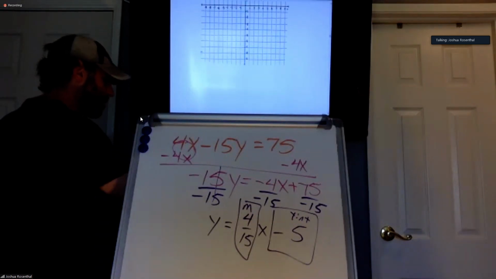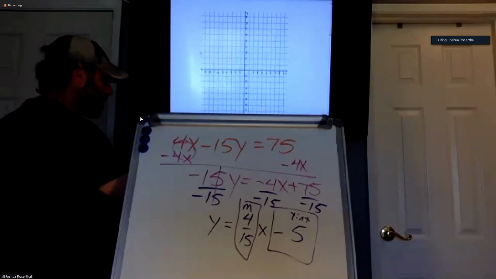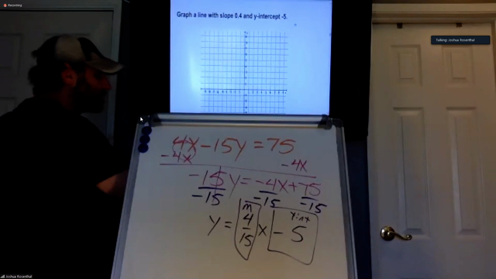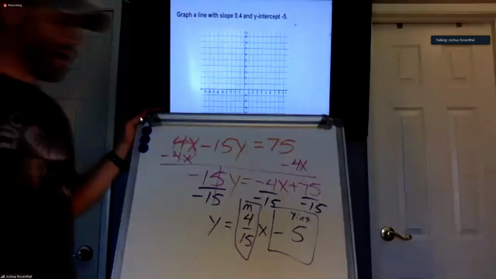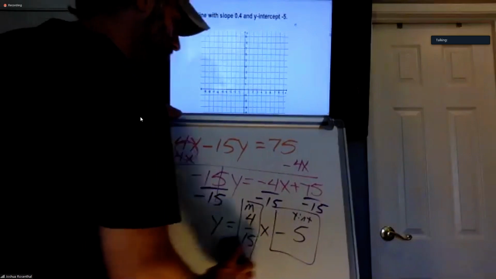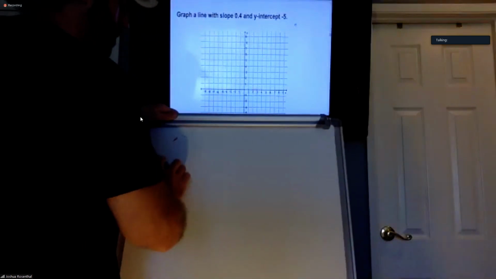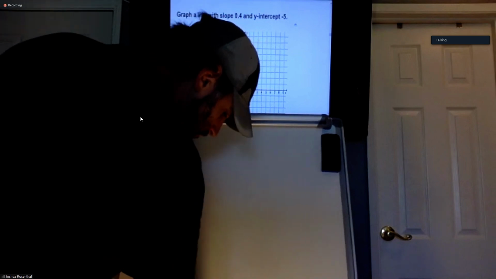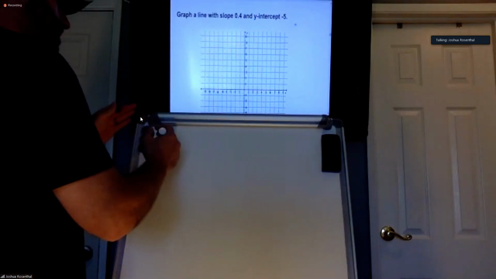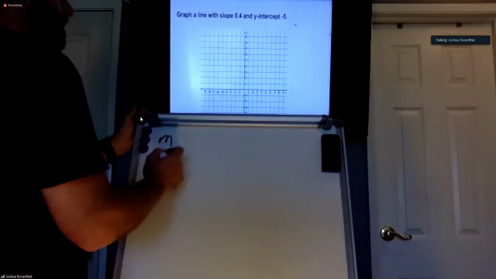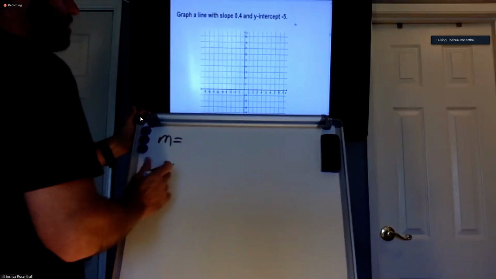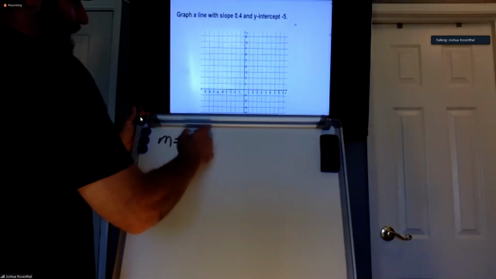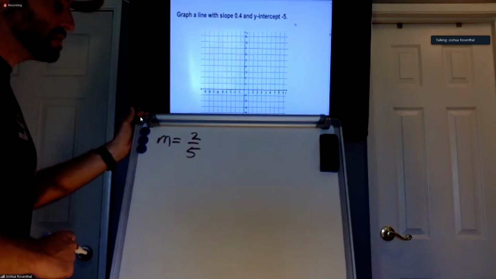I'm going to go up now. Graph a line with slope 0.4 and y-intercept negative 5. Okay, so the slope, I think I'm going to take the 0.4 and make that 2/5.